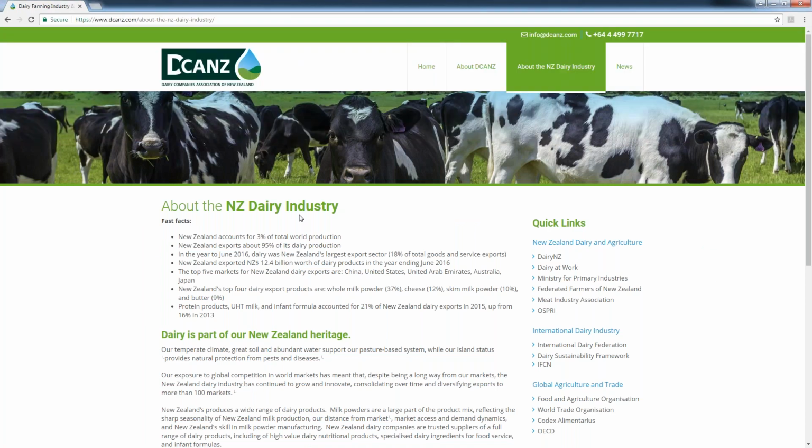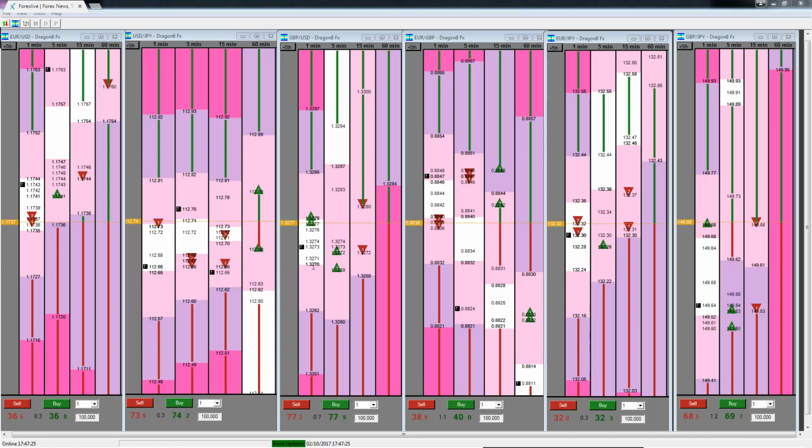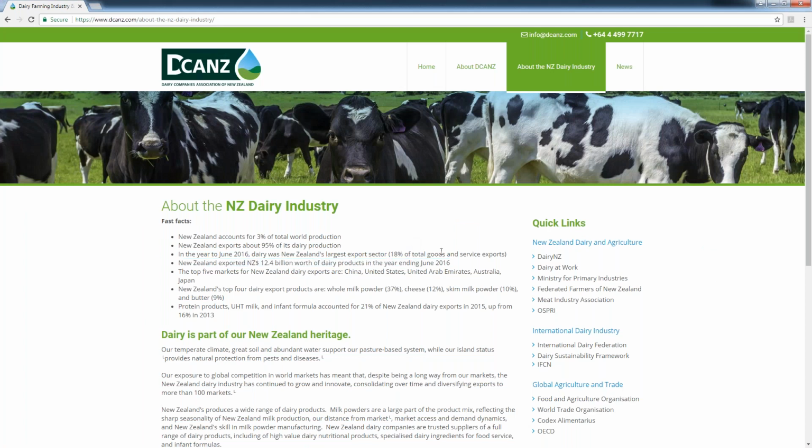It's quite remarkable. And when New Zealand is exporting $12 billion New Zealand dollars worth of dairy products in a year, it's quite a big deal to the market. So this can affect the currency massively if there's a sharp move in either direction of output or anything like that. Doesn't matter to me because I'm a vegan myself.